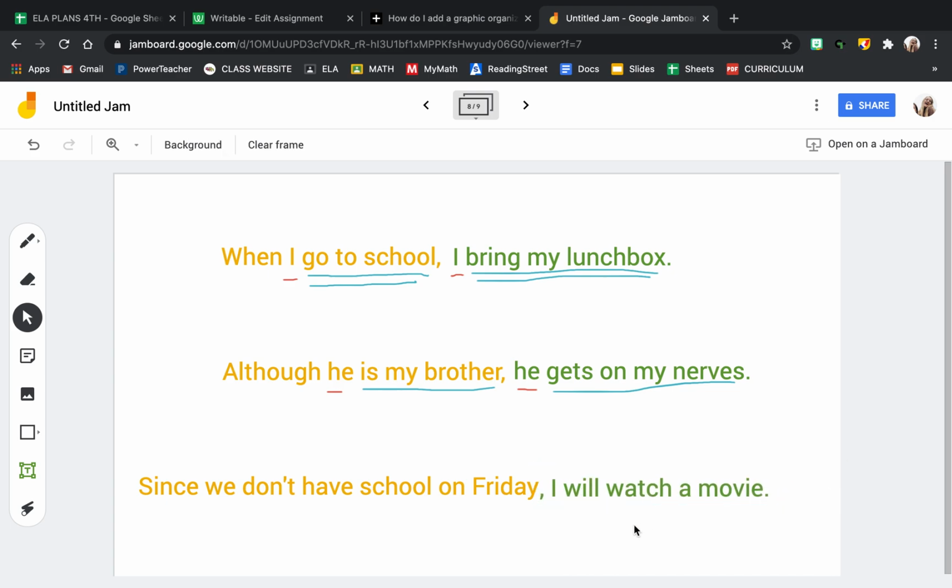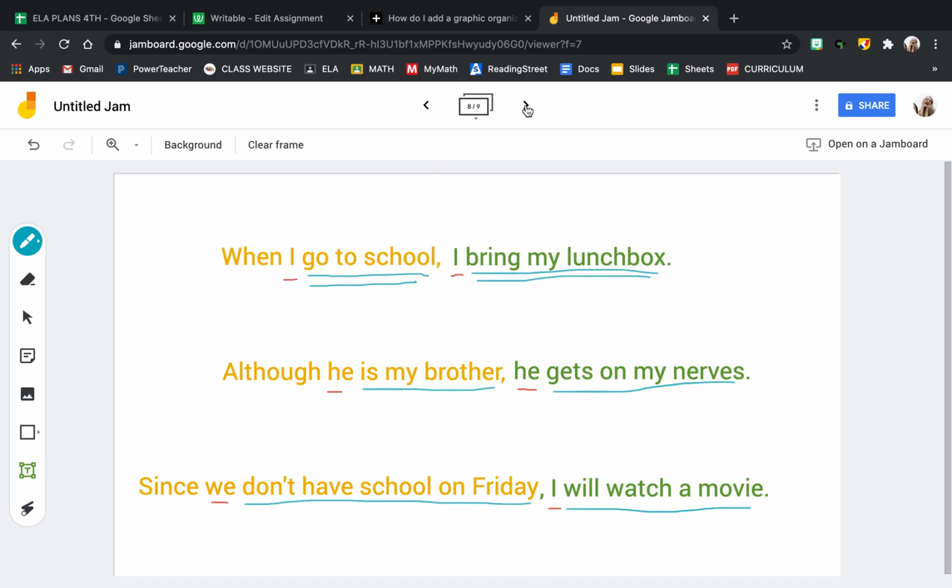Since we don't have school on Friday, I will watch a movie. That's what I'm doing instead of going to school. Okay? So now we have a complete sentence. It tells a complete thought. We have this dependent clause right here. Since we don't have school on Friday, that's our dependent clause. And our independent clause is I will watch a movie. You could just say I will watch a movie. And it stands on its own.